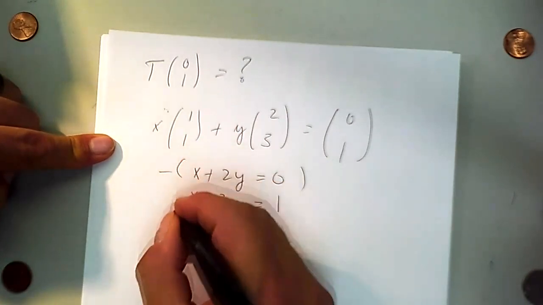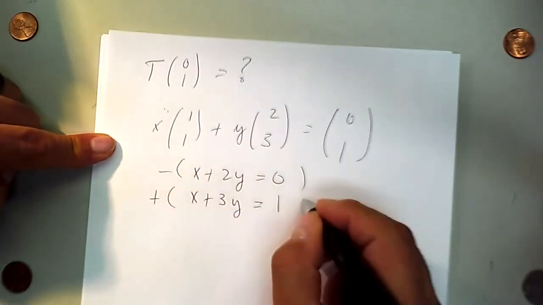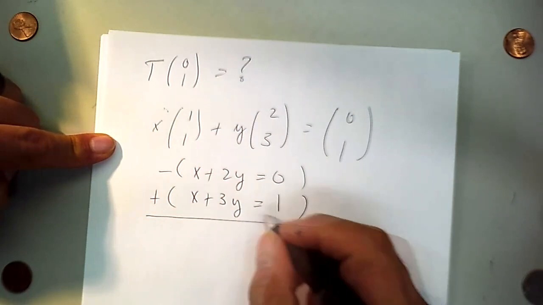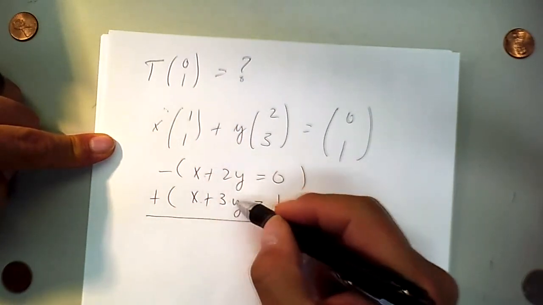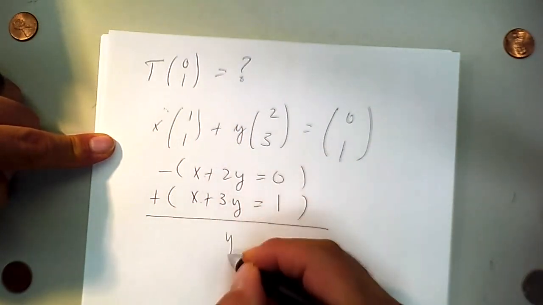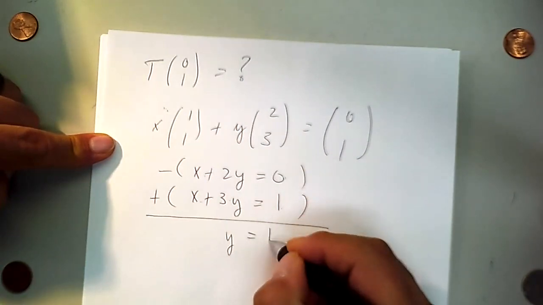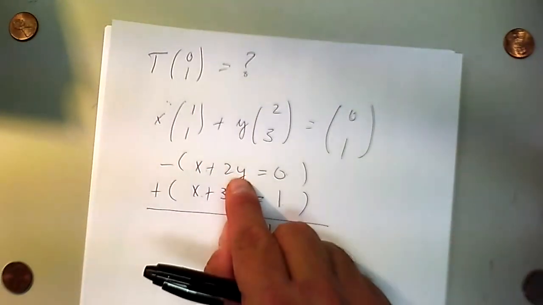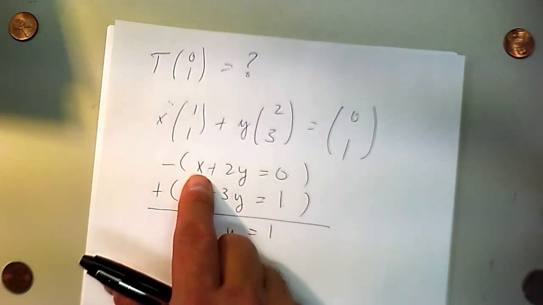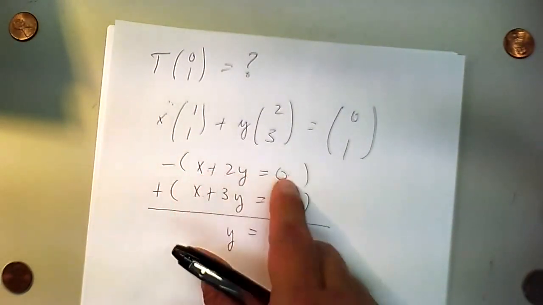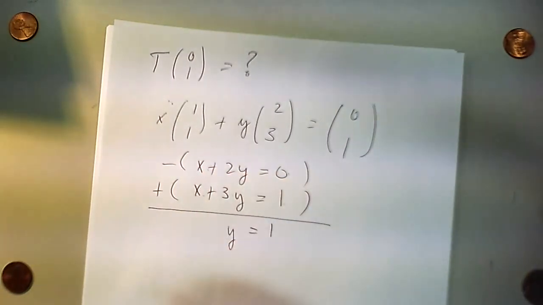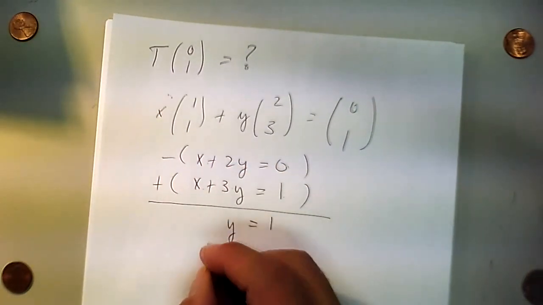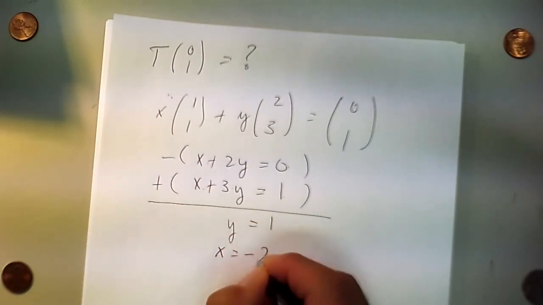We can subtract the first equation from the second: x minus x, no x, 3y minus 2y, y, 1 minus 0, 1. So if y is 1, x has to be negative 2 because they have to add up to 0. So x equals negative 2.